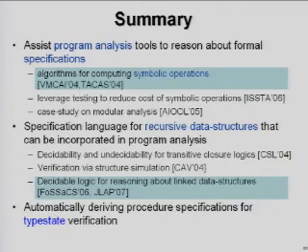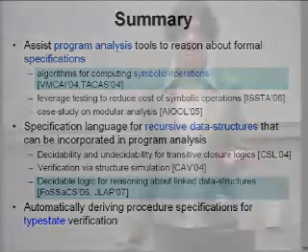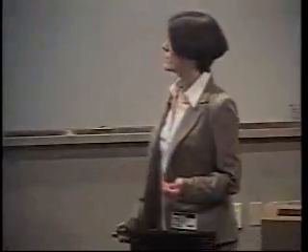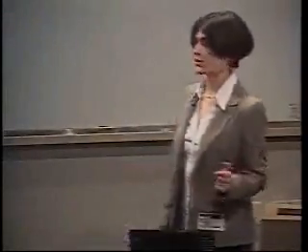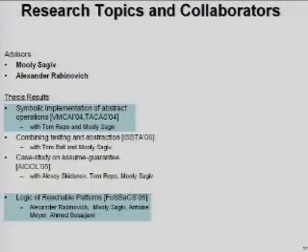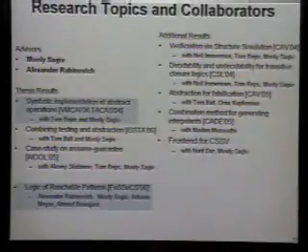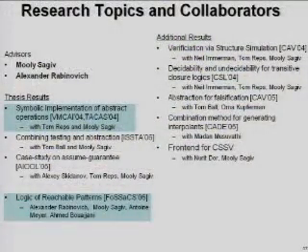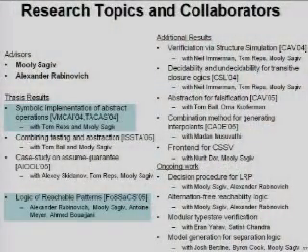So to summarize, I presented two algorithms for implementing symbolic abstraction, and unfortunately didn't have time to talk about the logic. These two works are part of my thesis, and I was involved in additional projects here with Madan as well, and at Tel Aviv University. And there are some works that I mentioned briefly during the talk.